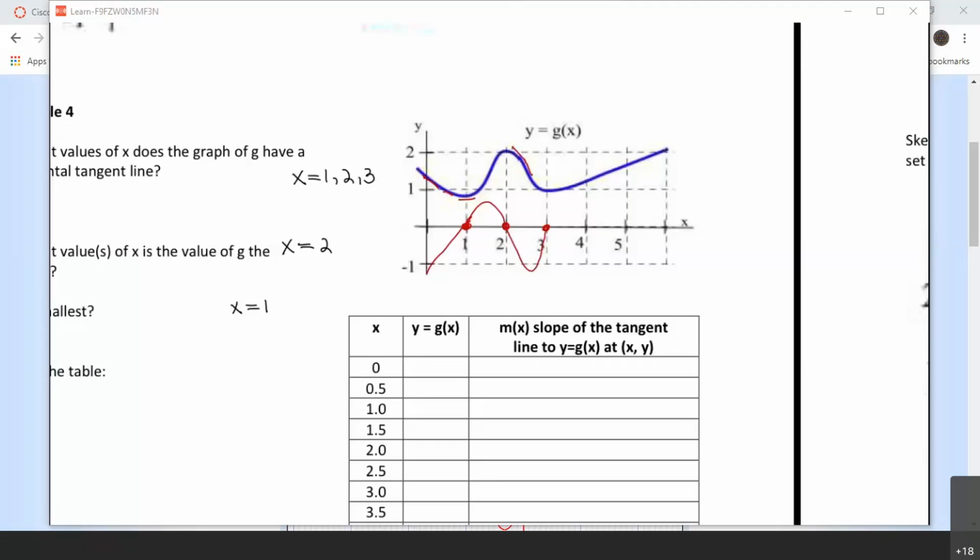And then it kind of looks like maybe the slope is sort of constant from here on out. Constant slope. If you've got something that looks like a straight line, the slope of a tangent line is the same thing as the slope of the line. It's not changing. So you can kind of see my attempt at graphing the derivative.